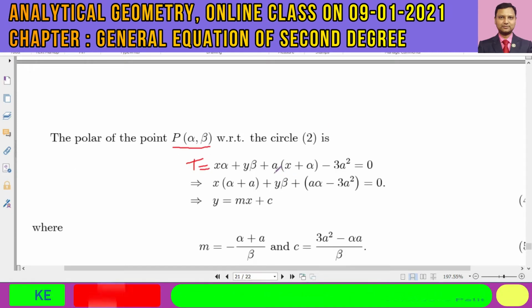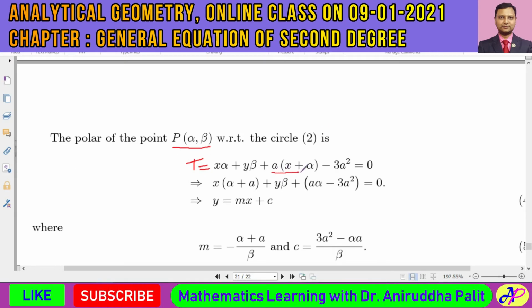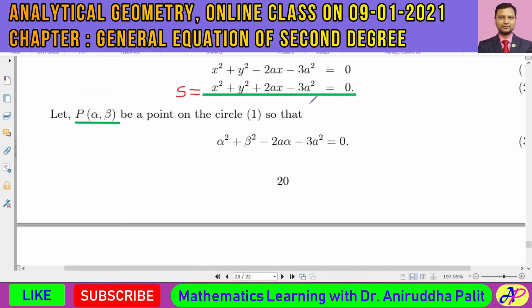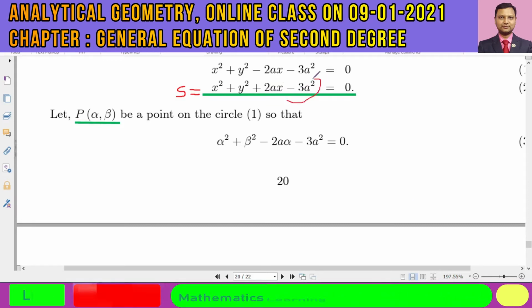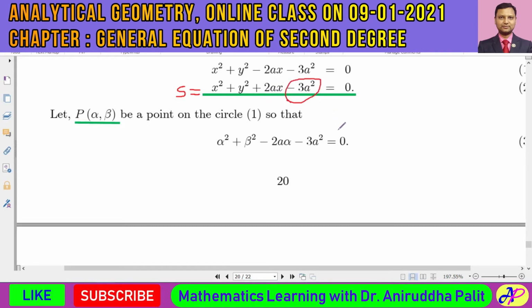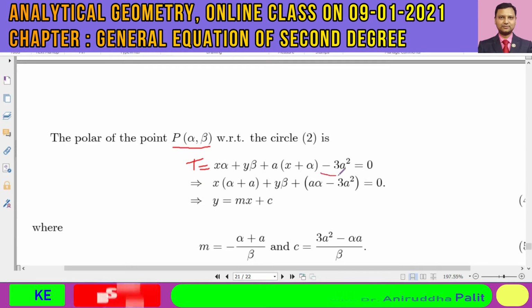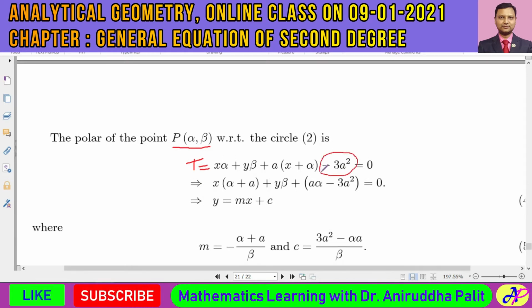So we have replaced this twice x by x plus alpha and we get this expression a into x plus alpha, minus the constant term, minus this 3a square term. So we are just subtracting this term 3a square and that is equal to 0 over here.